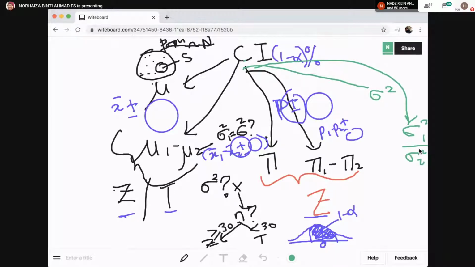The ratio reflects the difference, but because the variance cannot take negative values, there's no point looking at the difference, but rather at the ratio between the variances.